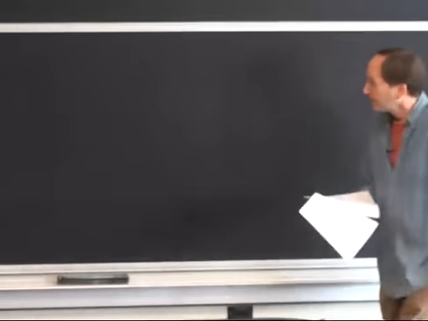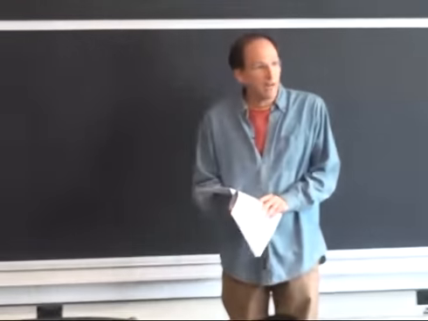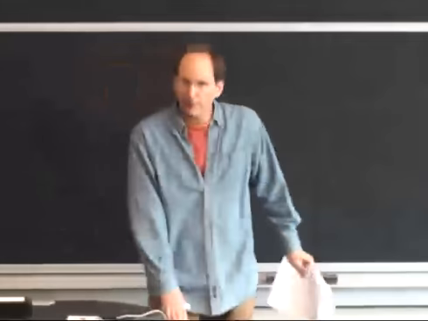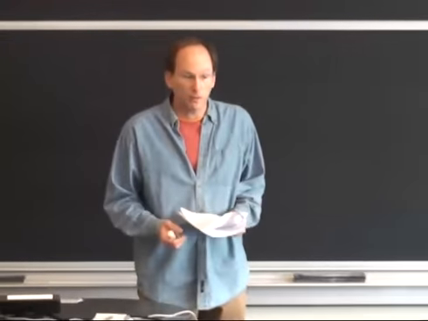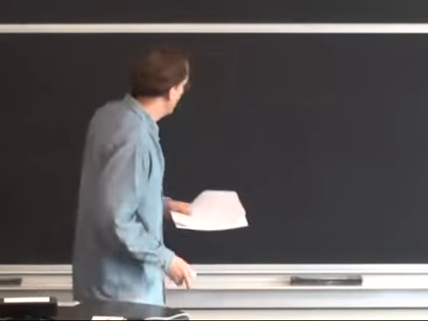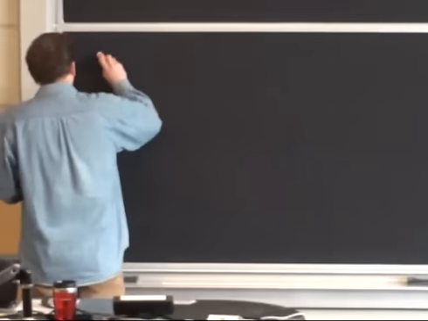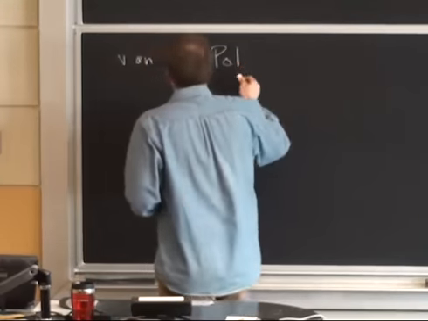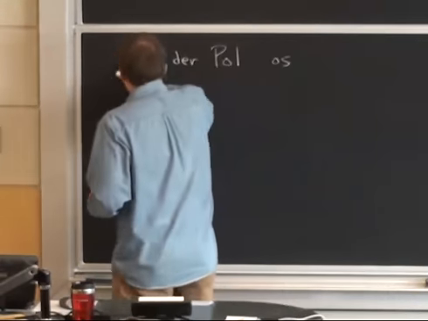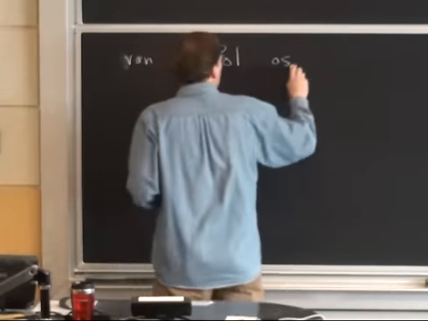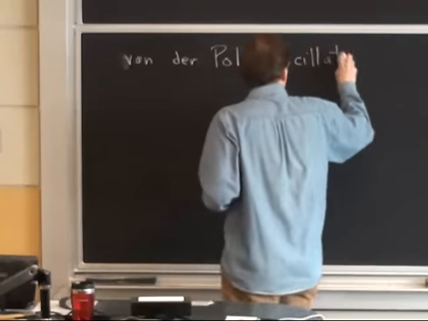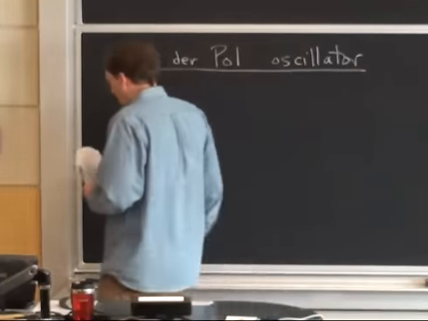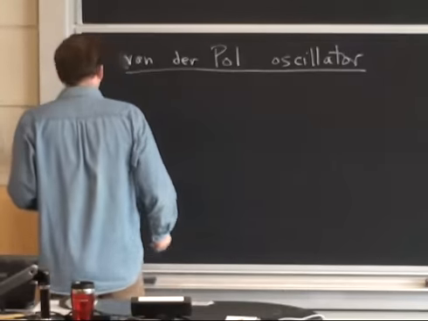All right, but anyway. Our topic now is, again, looking for closed orbits, but in a very famous system that was real important in the development of the subject, called the van der Pol oscillator, which looks like this.